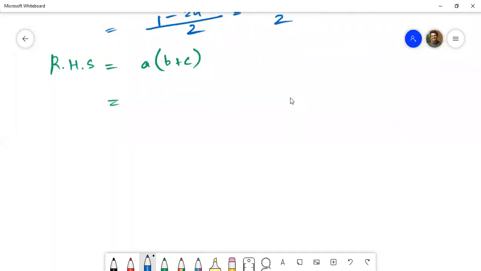So A is 2, 1 by 4, plus, okay, let's not use plus because we already have a first bracket, so it's going to be negative 6.